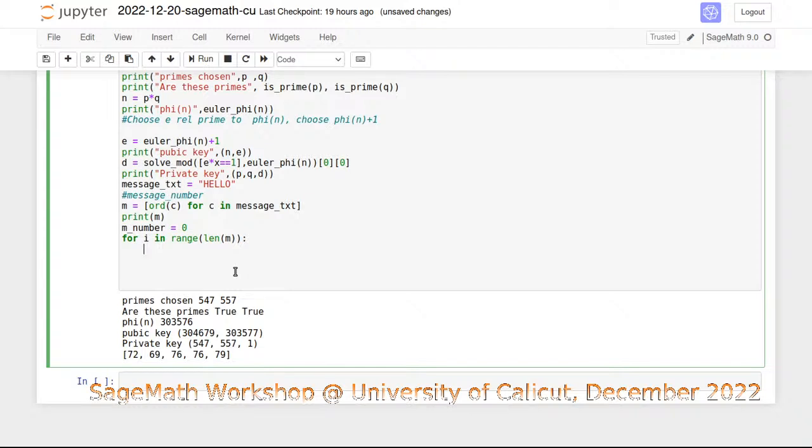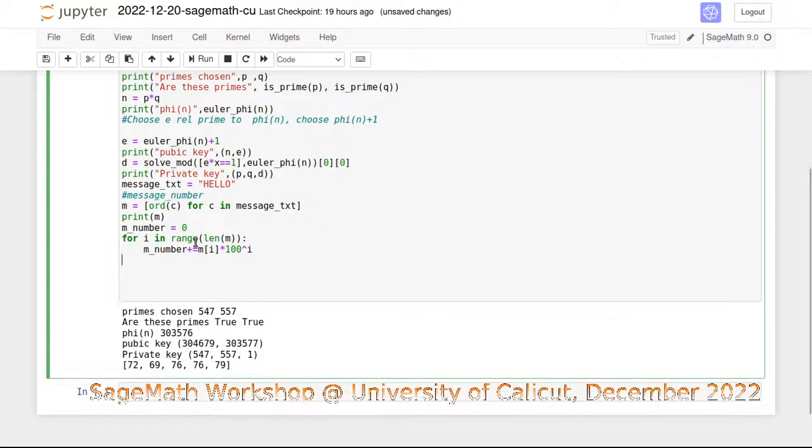We can start with the 0th element also, but in that case, what do we have to multiply with? 0, 1, 2, 3, 4: 100 to the power of the index. So m number plus equals m[i] times 100 to the power i, where initially i is 0. I hope that this is correct. Okay, let us see.